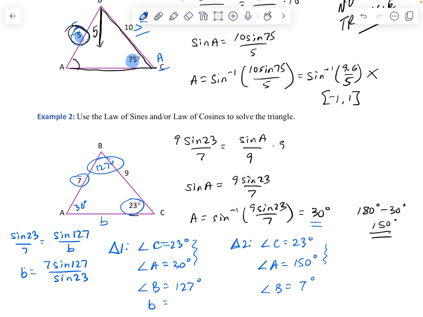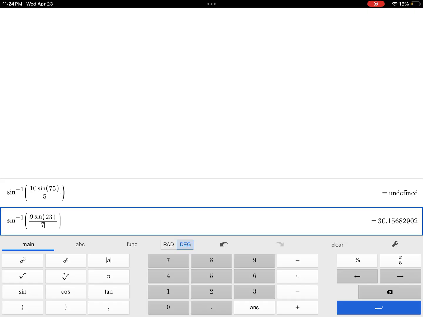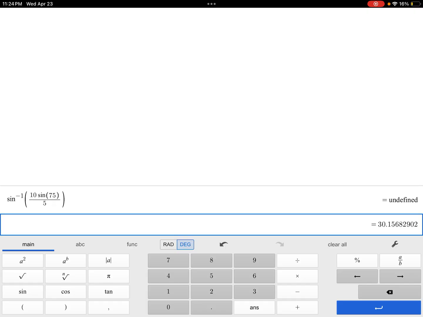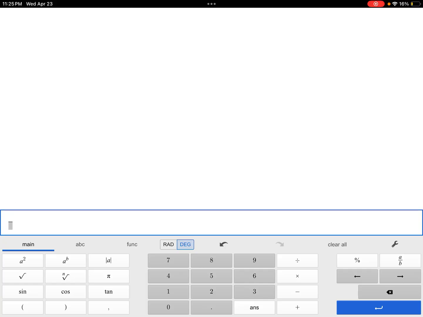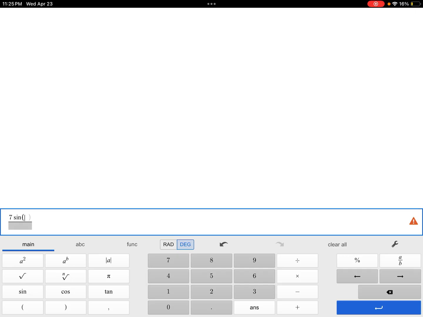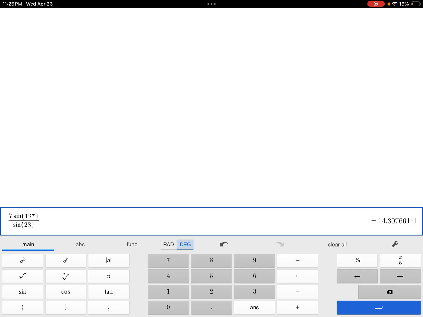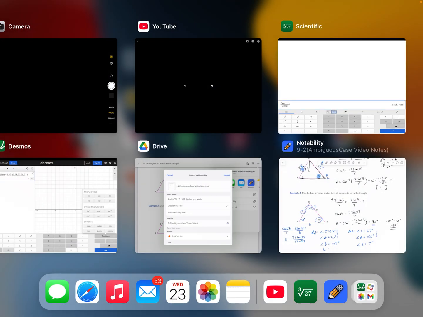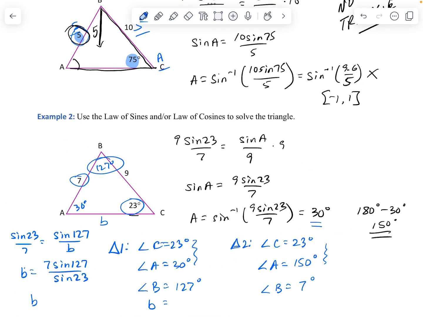Then I just type that in. 7 sine 127 divided by sine 23. It looks like I got 14.307. On the quiz, I'm going to have you round to the nearest hundredth, so the 7 rounds the 3 to a 1, so 14.31. So B is equal to 14.31.